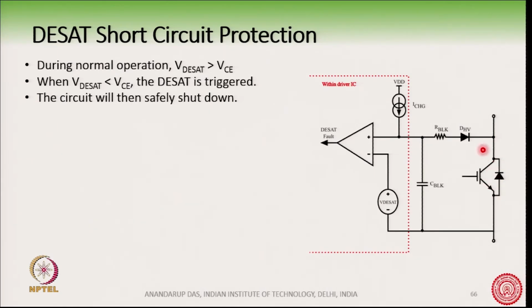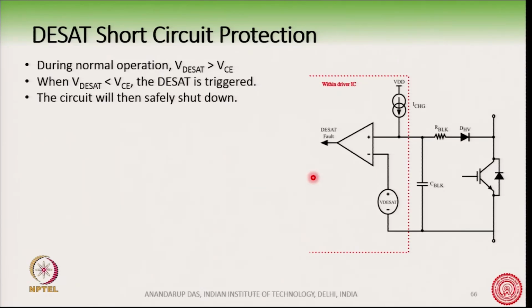So, when this collector-emitter voltage crosses this VCE(SAT), then this op amp is forward biased and this pin will go high. So, the circuit will detect the short circuit condition in the IGBT.